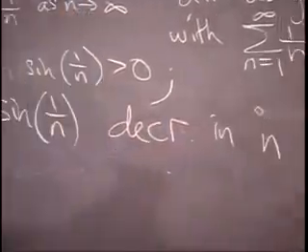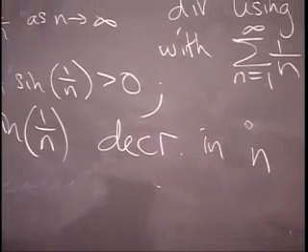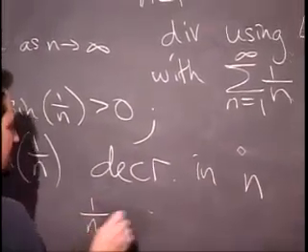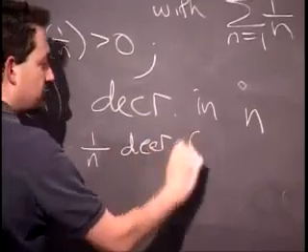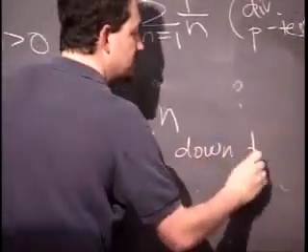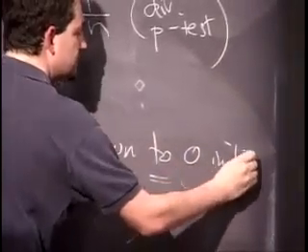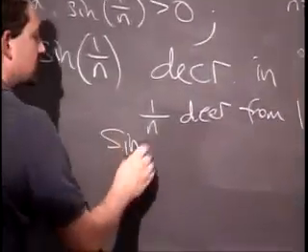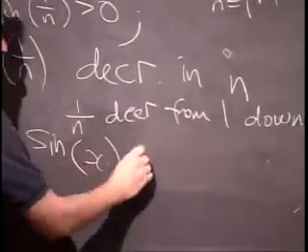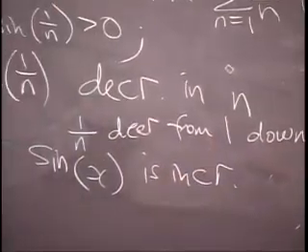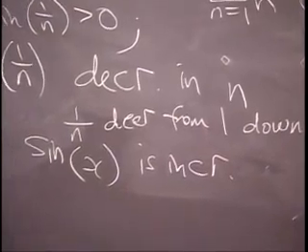I say clearly, I mean, if you really want to justify it, and it's not a bad idea, notice that 1 over n is decreasing from 1 down to 0 in the limit, and sine of x is increasing, so sine 1 over n is decreasing.